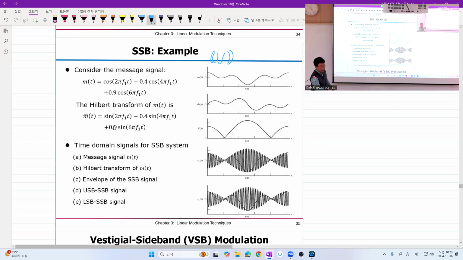So let's see. Here, what is this one? M of t. So suppose this is our real valued baseband message signal, okay? So for DSB, SSB, VSB, we only think about real valued message signals. Because at that time of inventions, we wanted to do what?